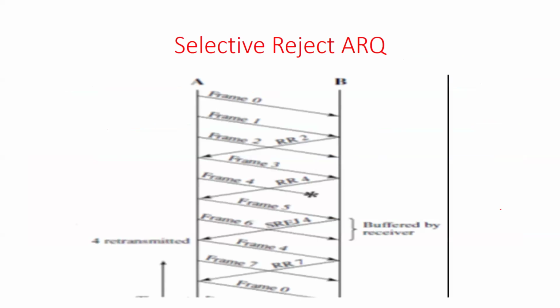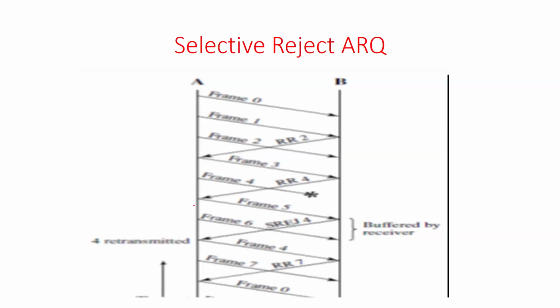The receiver sends a request for 2, and also a request for 4, because 4 was not received. Again it is shared, 4, 5, 6, and 4 is retransmitted.